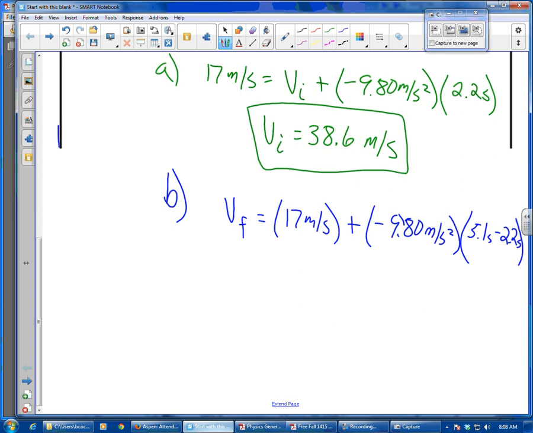We actually have to do the delta this time because, unlike every other time, we're actually not starting at a time of 0. And I get a V final of negative 11.42 meters per second. And since they asked for the magnitude rather than the whole velocity, I would report that as 11.4 meters per second.